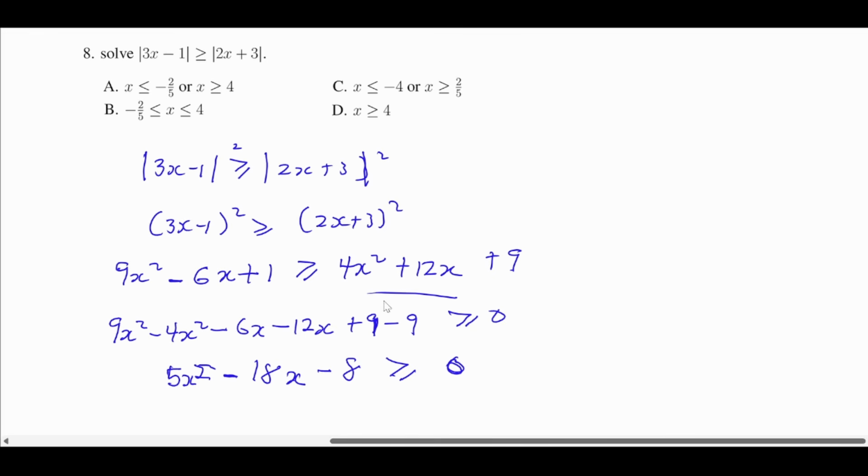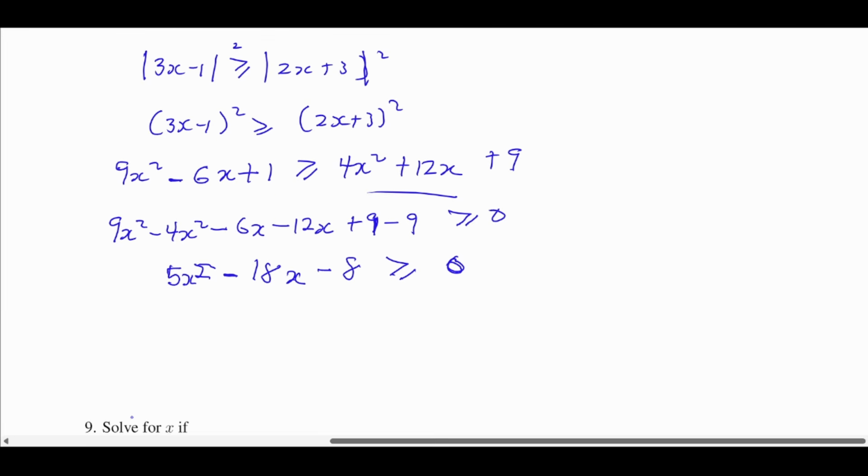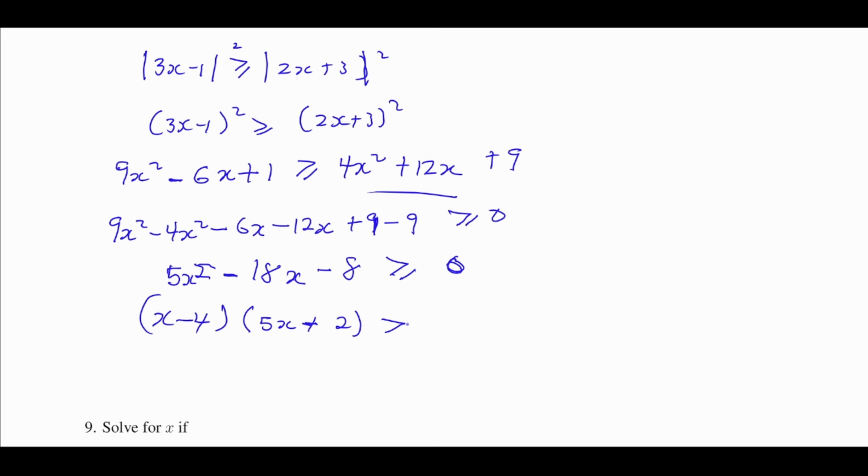So we have x minus 4, and then we also have 5x plus 2 should be greater than or equal to 0.